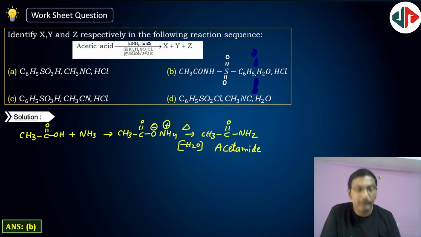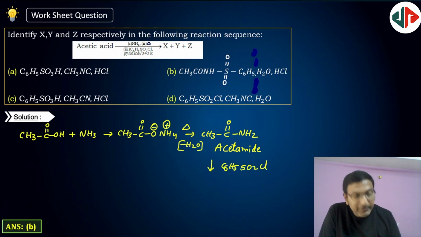Acetamide. Next, which on reaction with C6H5SO2Cl, benzene sulfonyl chloride, in the presence of pyridine. So pyridine is a base that removes HCl.